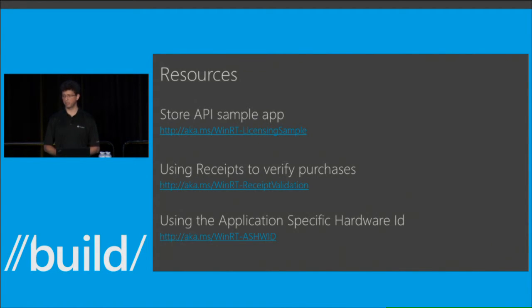There is an application-specific hardware ID that the OS also provides you that's independent of what the store does. And this has its own logic and gives you one additional thing to play with to validate that the machines that are talking to your service are the same machine that talked to your service last time, and you can do some logic based on that to protect yourself from some types of abuses.